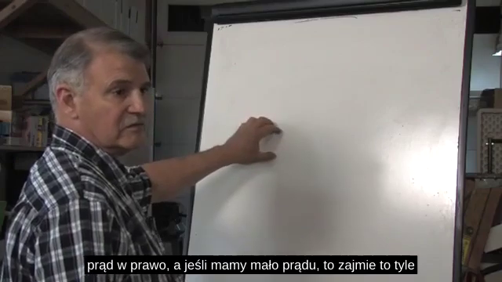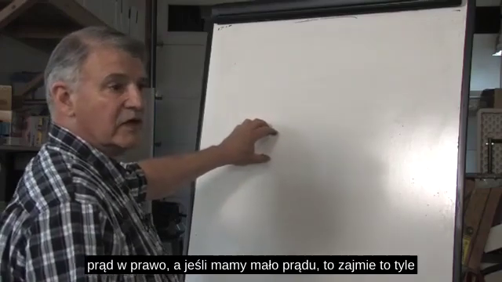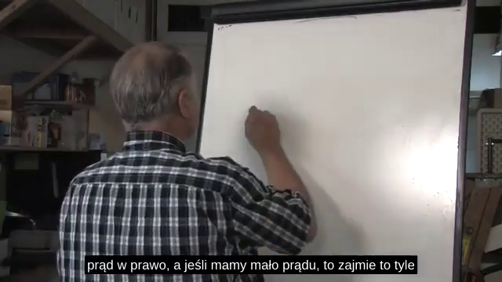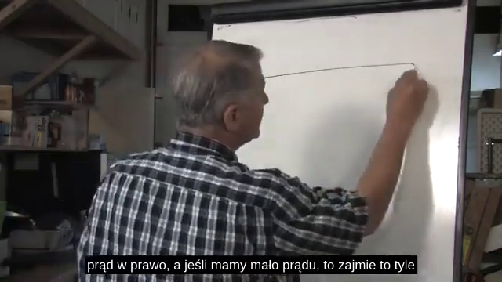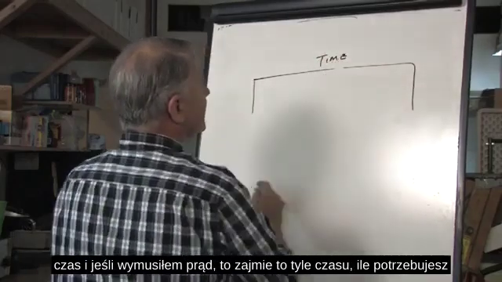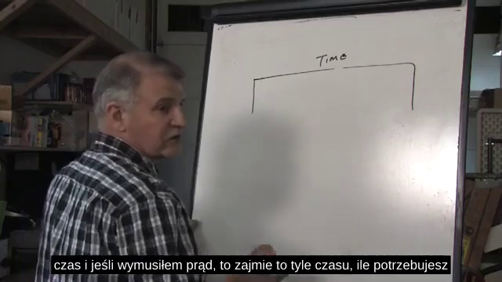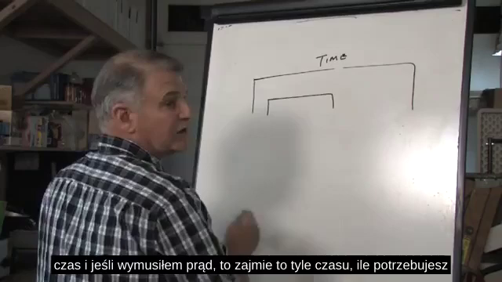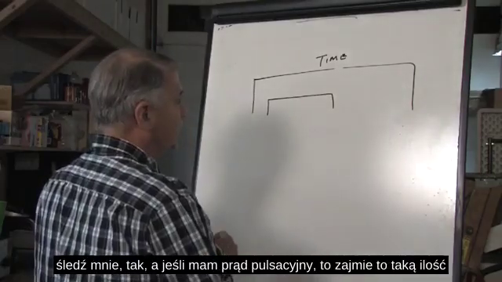Current. And if we have little current, it's going to take this amount of time. And if I have forced current, it's going to take that amount of time. You follow me?